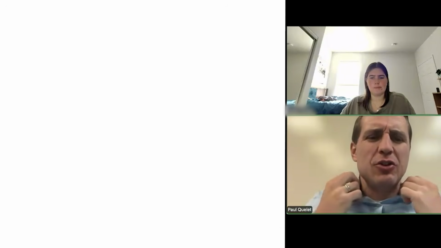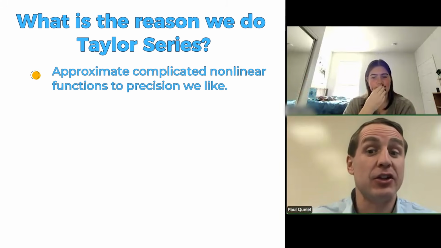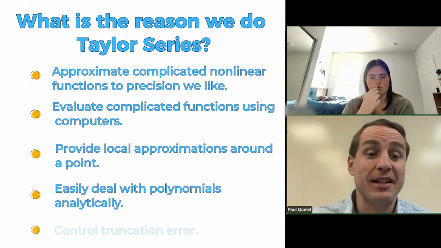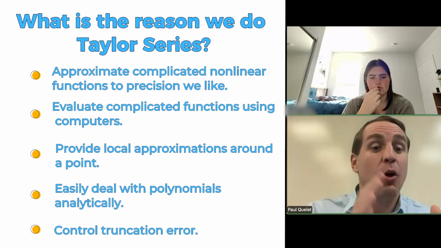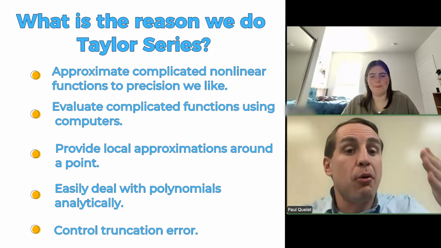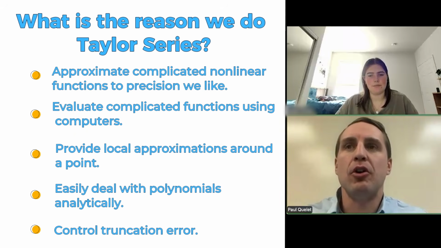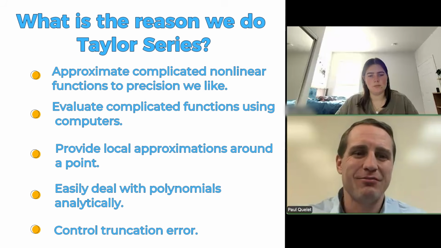What's the reason we do Taylor series or Taylor polynomials? Here's the basic idea. If something is an extremely complicated function, or for that matter a continuous function, many times we want to represent it with a polynomial. We approximate a continuous function with a polynomial, and then we let the calculator just plug into those terms, and we get a good approximation.